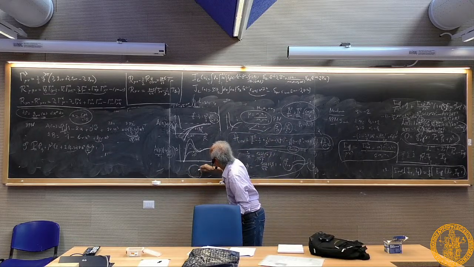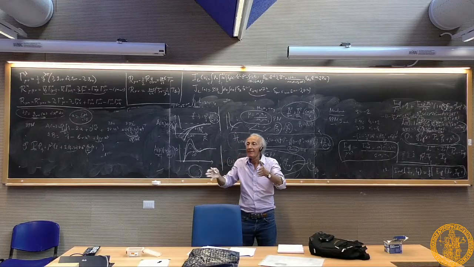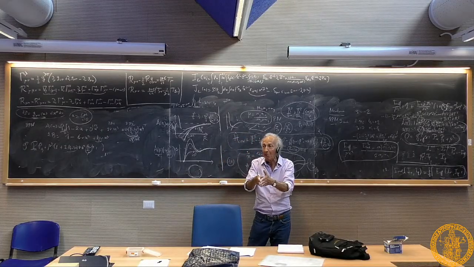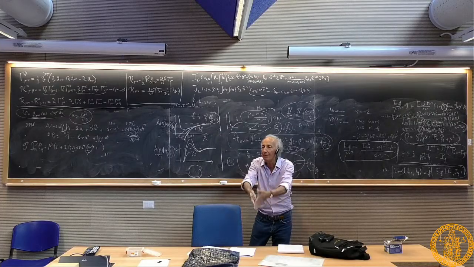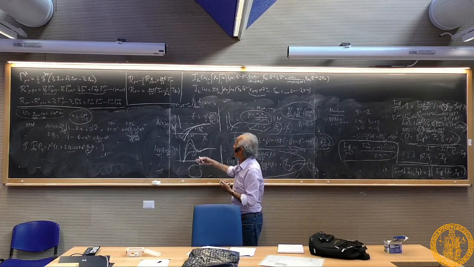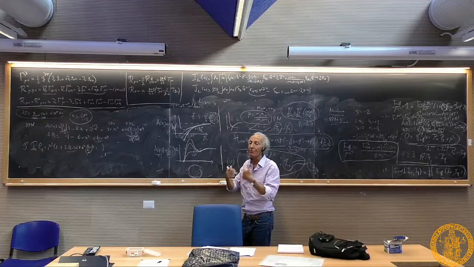And when it arrives at 6 GM, it has no stable circular orbits anymore, and then it falls in the horizon. This is what happens here. So you have a continuity.